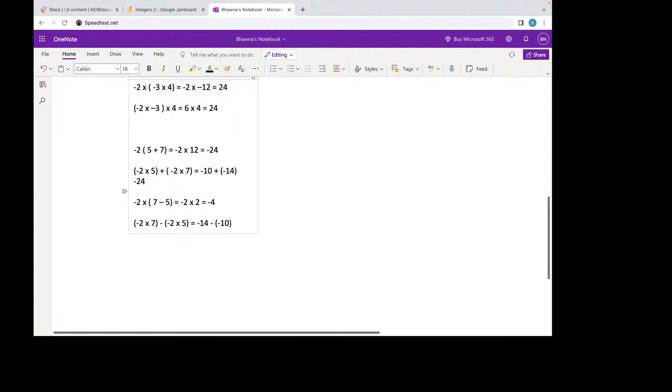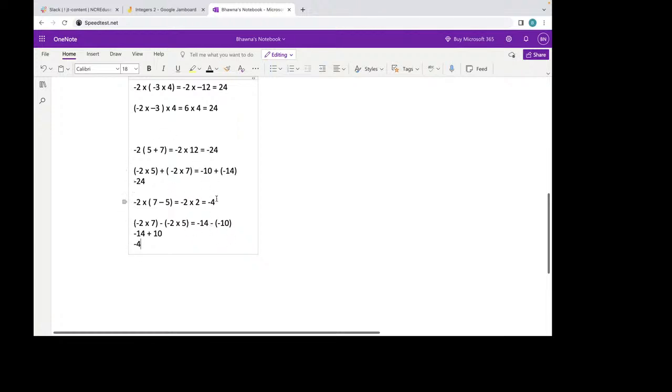So this will be equal to minus 14 minus minus 10. Minus minus is plus, so minus 14 plus 10 is going to be minus 4. So again I have got the same answer.